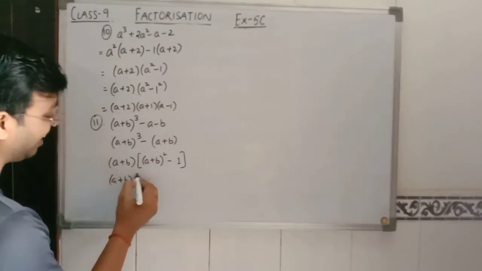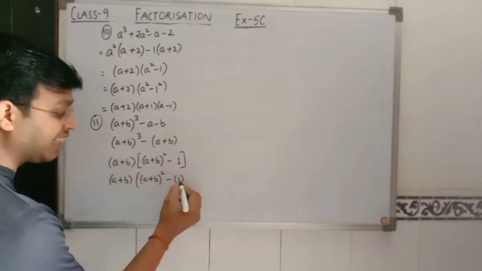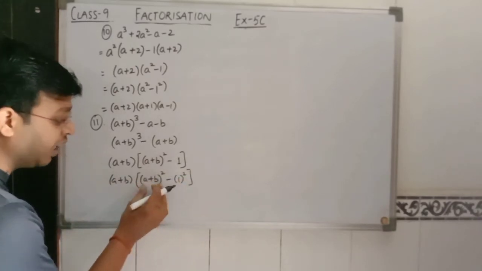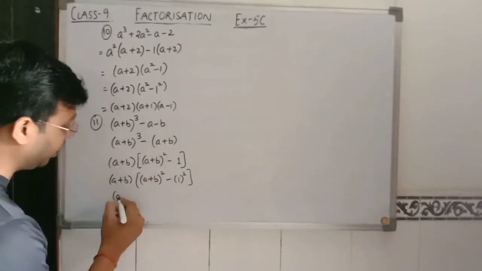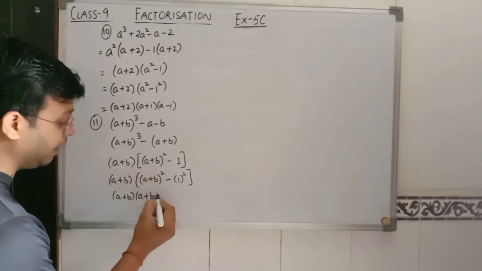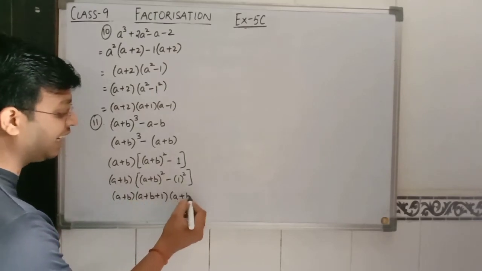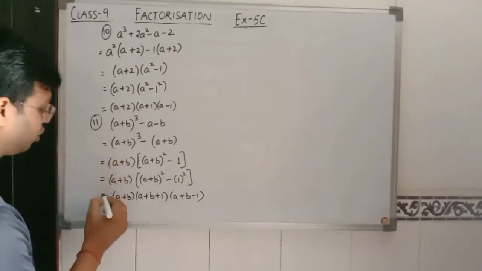Now you can write it as a plus b to the whole square minus 1 square. Now a square minus b square. In the place of a, we have to place a plus b. So in the first bracket a plus b, and in the second bracket a minus b. Okay, so this is the method of solving question number 11.